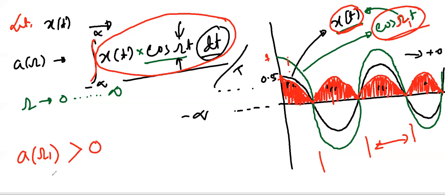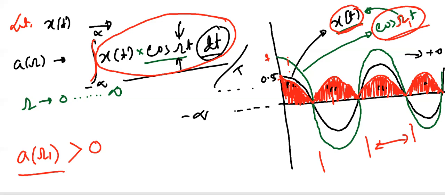Now, if I move to another frequency higher than this, for example, this omega 1 was, let's say, okay, first of all, let's think that this is the cos part. That means we are targeting the A portion, and we have done that.